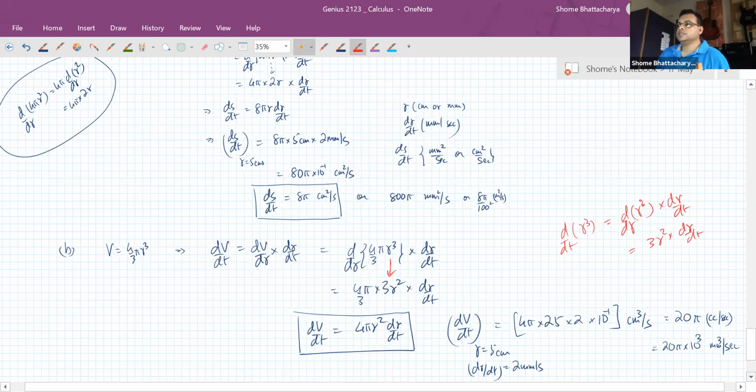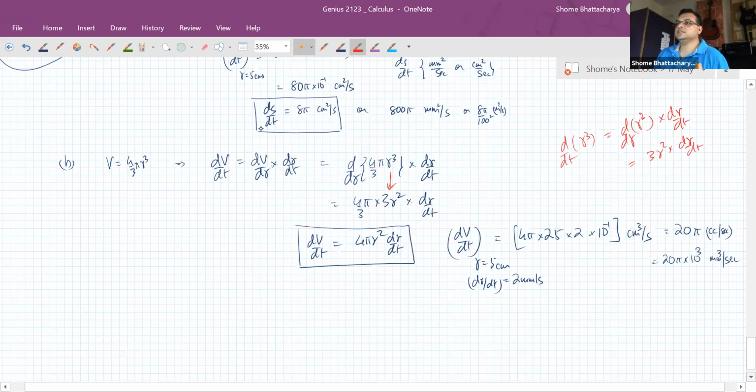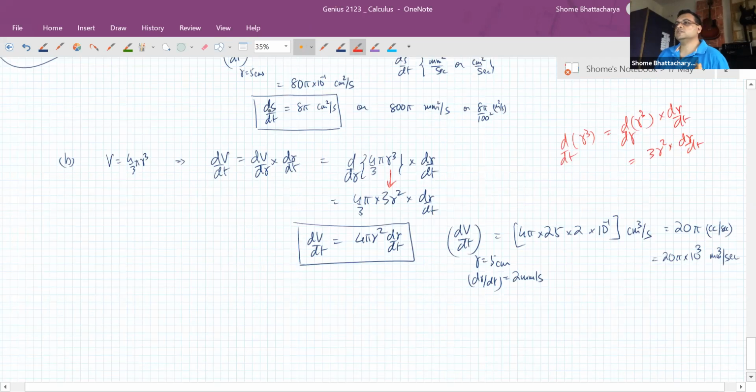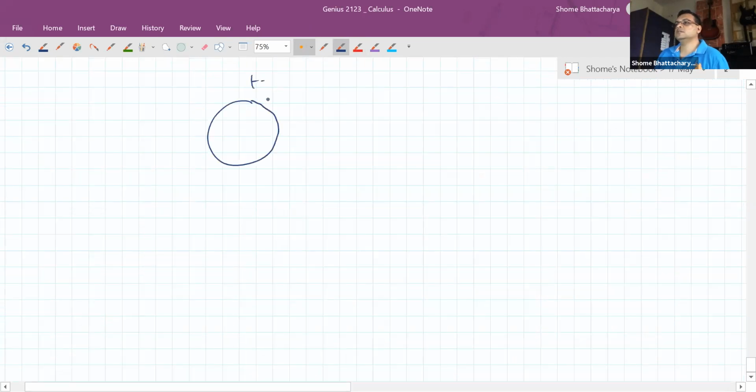So this is a direct application of chain rule, as you can see. Now, as I said, there's another interesting way of analyzing this question, and that is by the limits method. If you look at the sphere at some time t, and say its radius is r, and then after some time we look at it, its radius has increased to r plus delta r at time t plus delta t.